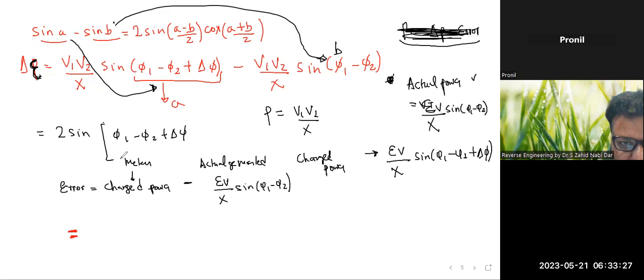Okay, can you tell me now? At least tell me 2 sine. Now you calculate. Why aren't you able to do it? Sir, I was writing it down. Now you write this. We can take V1 V2 by X common, sine of phi 1 minus phi 2 plus delta phi.